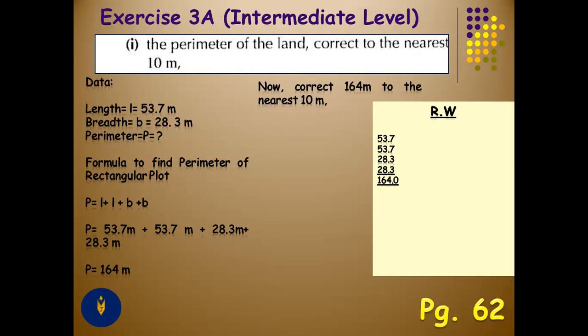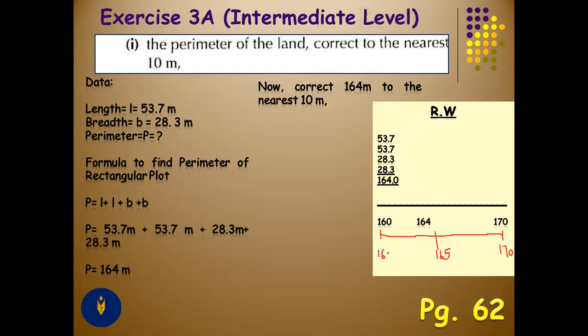On this number line, I just started from 160 and end on 170. I have pointed out 164 here. To make it simple, I mark 165. So it's 160, 165 and 170.